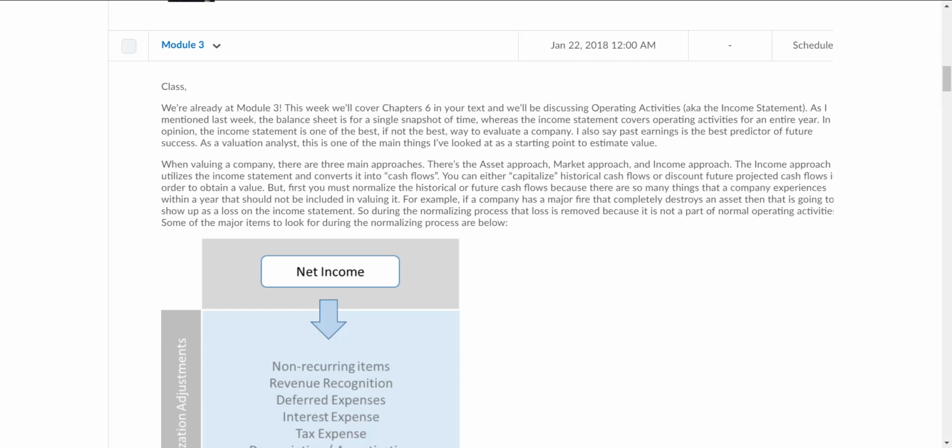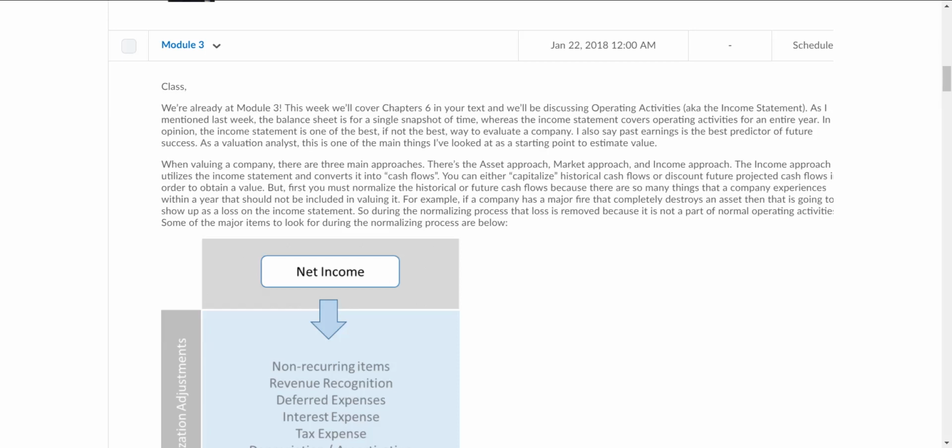The income approach is probably the one that I gravitate towards more, and I think most people in finance like to use the income approach as well, just because it's personalized, it's tailored based on the actual revenues and net income of a specific company. With the income approach, you can do one of two things.